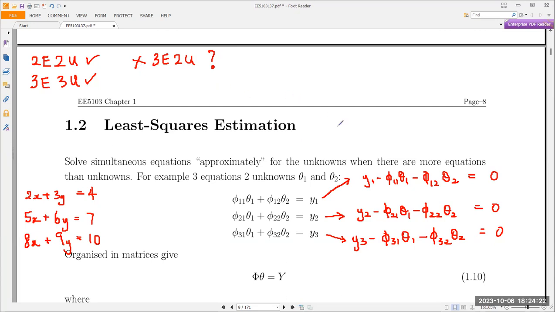And now I want to solve. So what is the best thing I can do? If I substitute and it equals 0, that is a perfect solution. But since I cannot get a perfect solution, what I want to do is that after I substitute here and here, I want the left side to be as close to 0 as possible. The numbers that I found for theta 1 and theta 2, I substitute inside each equation, the left side is as close to 0 as possible. So I have done my best.